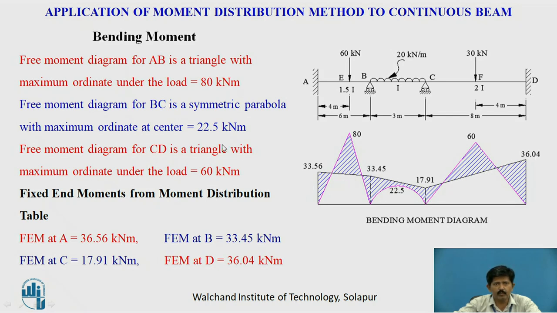The positive moment of span AB is triangular, that is 80 kilonewton meter. Then for span BC, the free bending moment is the parabolic curve, that is having 22.5 kilonewton meter, whereas for span CD it is 60 kilonewton meter. So, this is the bending moment diagram for a continuous beam.